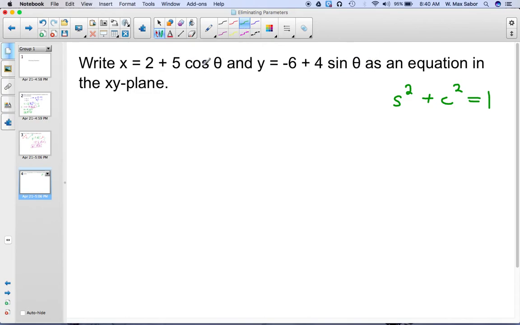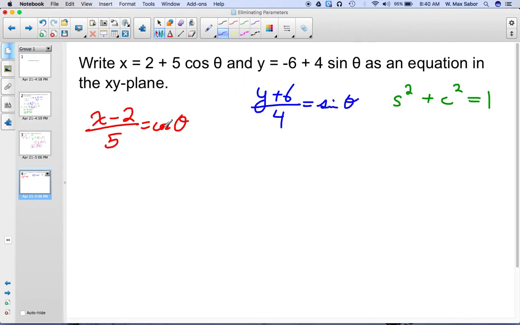But if I solve this for cosine theta and this for sine theta, then we can set up an equation in this form. So let's solve this for cosine theta. (x minus 2) divided by 5 equals cosine theta. And here, add 6, divide by 4.